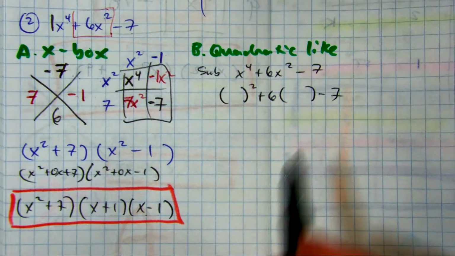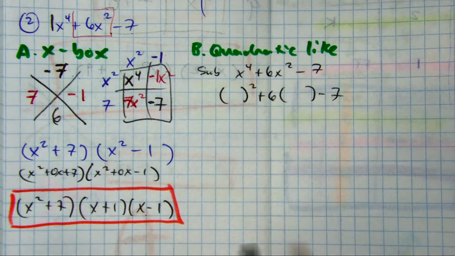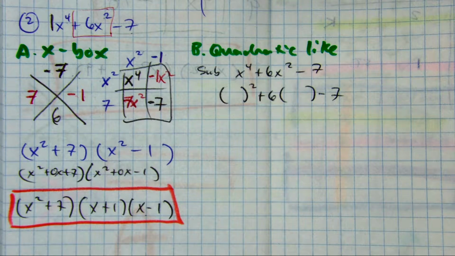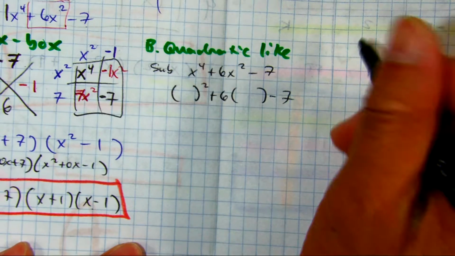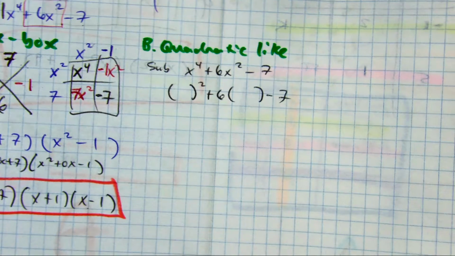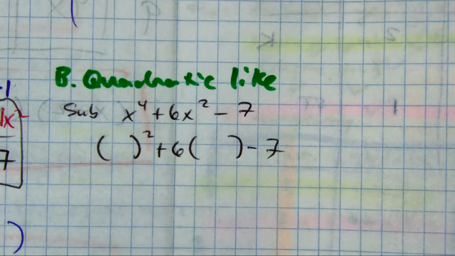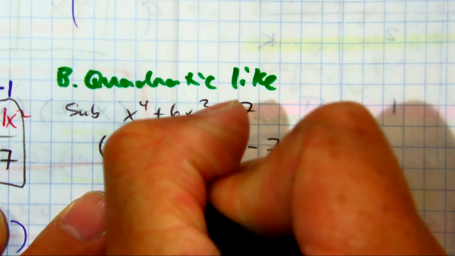Partner B, tell partner A, what do you think you would put in the parentheses there? A lot of you guys are saying it. We're going to put in x squared.